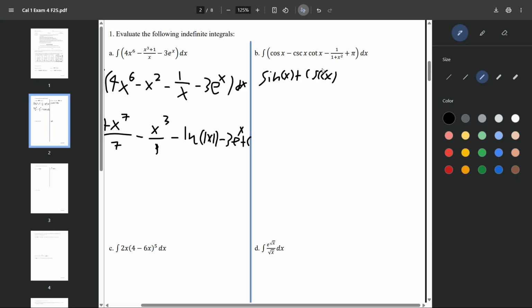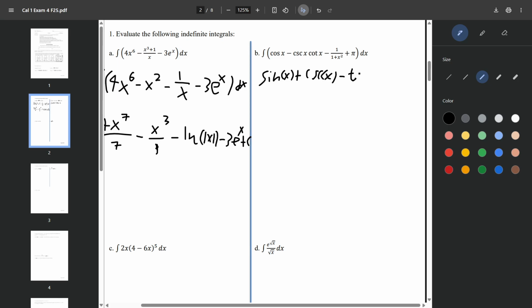More specifically, it could be either negative inverse tangent of x or inverse cotangent of x, because the derivative of inverse cotangent of x is negative 1 over 1 plus x squared.